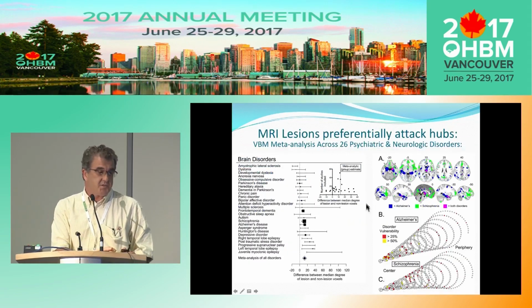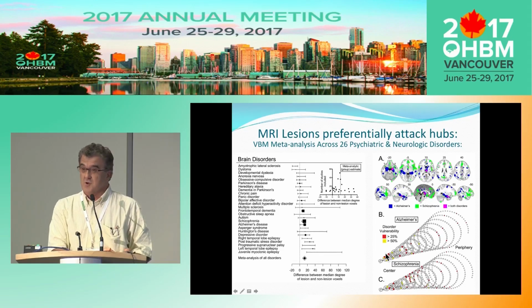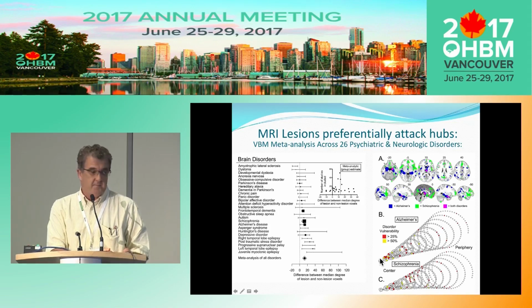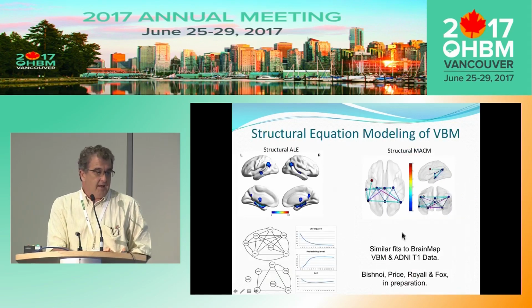The message of this was similar. It was that psychiatric disorders are transdiagnostic, but further, that they selectively affect hubs. So any pathology that hits connectomic hubs is going to produce symptoms. This kind of approach can also be done meta-analytically using structural equation modeling as well as graph theory.